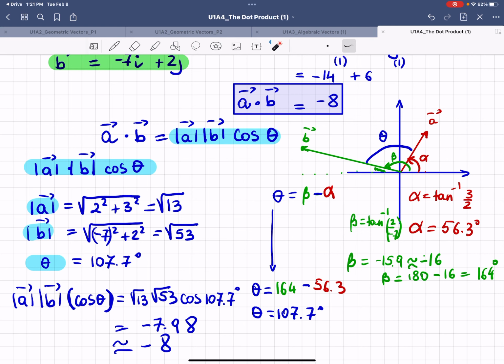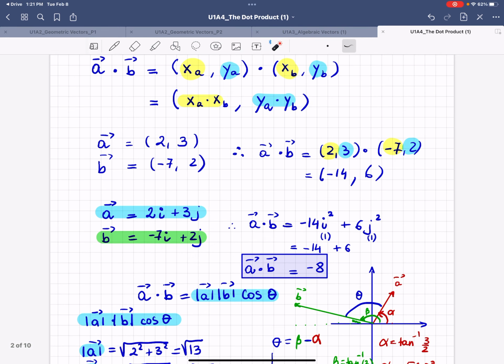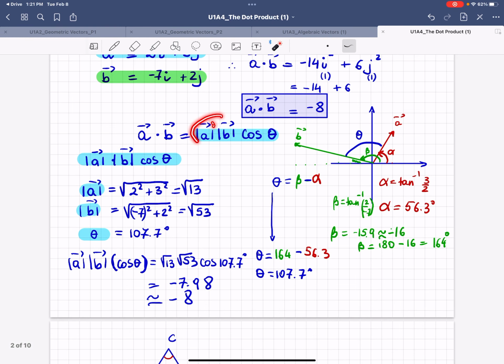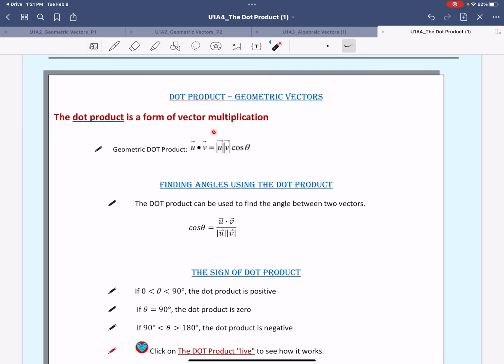So at least we can now see the connection between the multiplication of two vectors, the dot product in standard form, where you just work with the coordinates, and finding the dot product by using the magnitude of each vector and the cosine of the angle between them. I hope this has established some trust in what this formula means, and that this formula does work and does make sense.